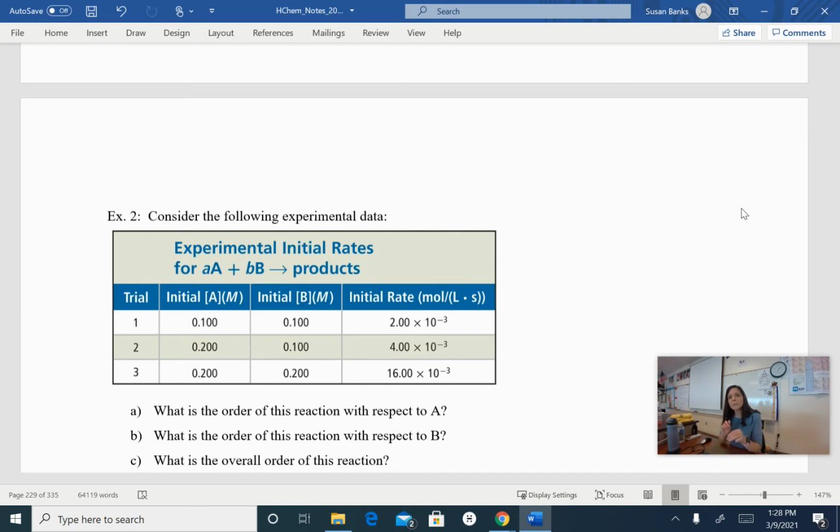We are going to compare trials against other trials. So here I've got trials 1, 2, and 3 in this example 2. Now, when we compare trials, we need one of the reactants to be held at a constant concentration.